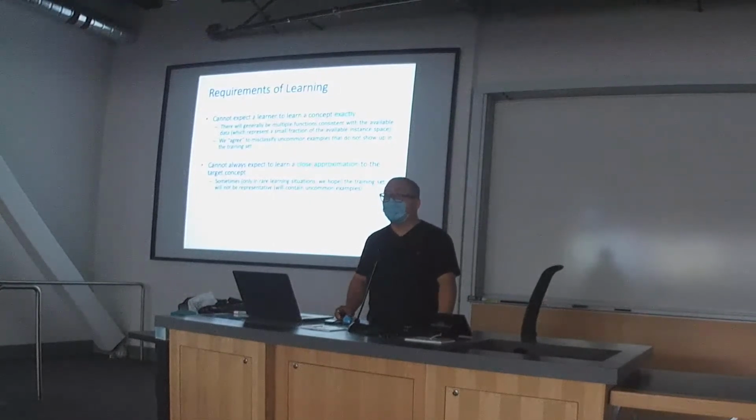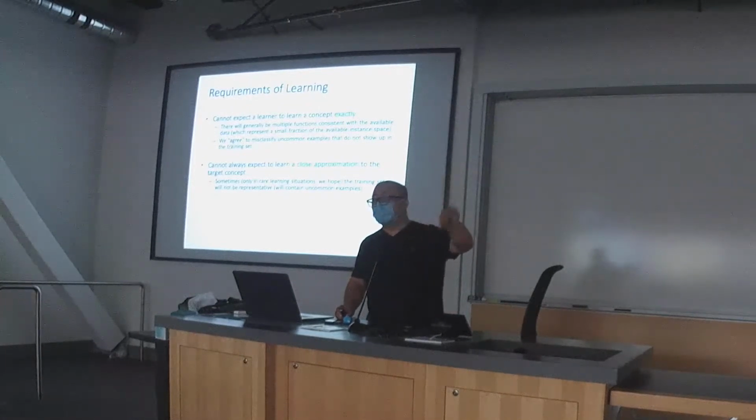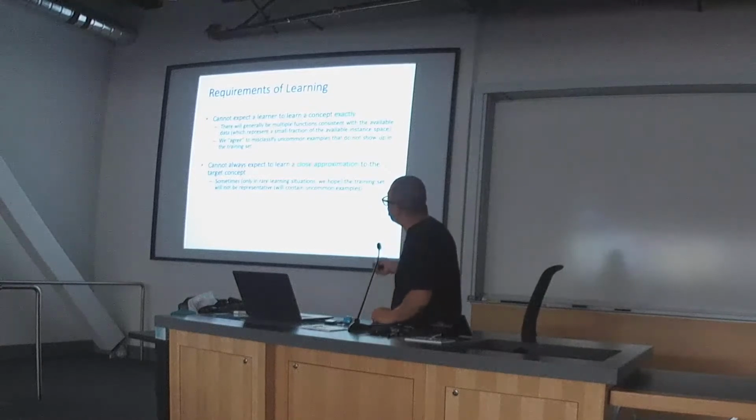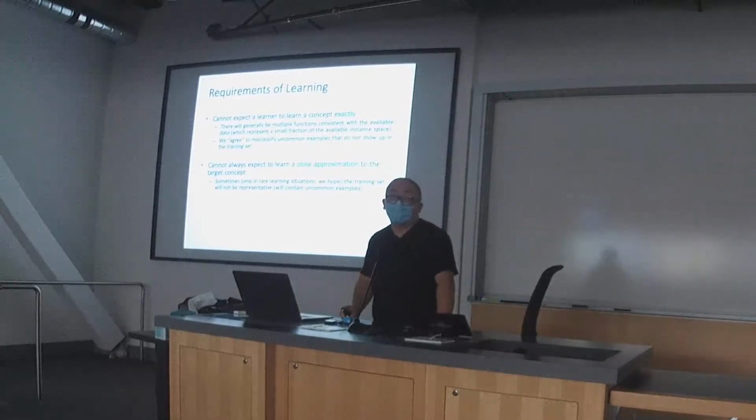But what if you have collected a set of data which only covers a small range of the instance space? In that case, your learned hypothesis is very likely to be bad, quite different from the target function. So it actually depends on the quality of the data set.